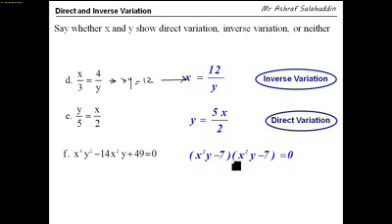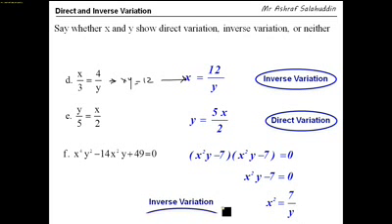Both brackets are equal, so x power 2 y minus 7 equals 0, and we move 7 to the other side and find the relation, which is x power 2 equals 7 over y. I'm sure this is an inverse variation.